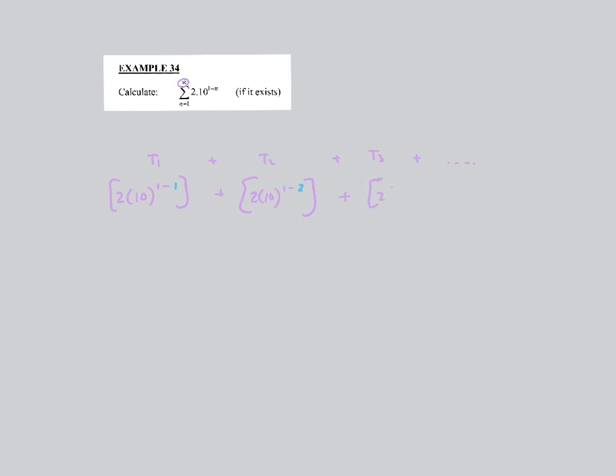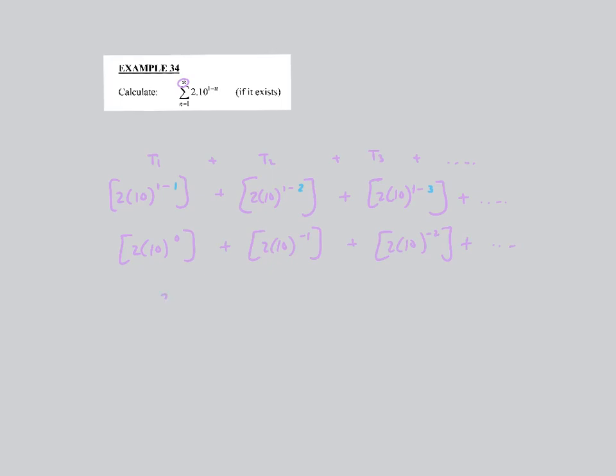And then it goes 2 times 10 to the power of 1 minus 3, and so it goes on. So therefore it will be 2 times 10 to the power of 0, plus 2 times 10 to the power of minus 1, plus 2 times 10 to the power of minus 2, and we go on forever and ever.